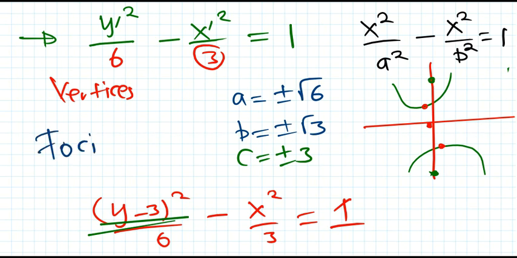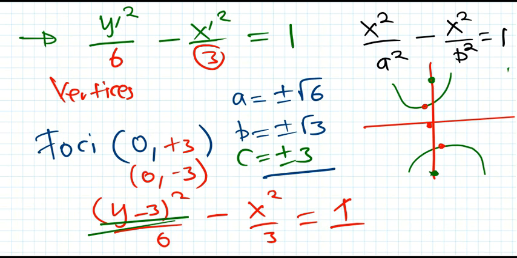So for the foci, we're going to have plus or minus 3, so 0 comma plus or minus 3. You can separate these into two brackets, one with a positive, one with a negative: 0 comma positive 3, and the other one 0 comma negative 3. Then for the vertices, we'll go for the value of a, which in this case was found to be plus or minus root of 6. So that would be 0 comma plus or minus root of 6. I'm just reminding you of the basics that we already did.